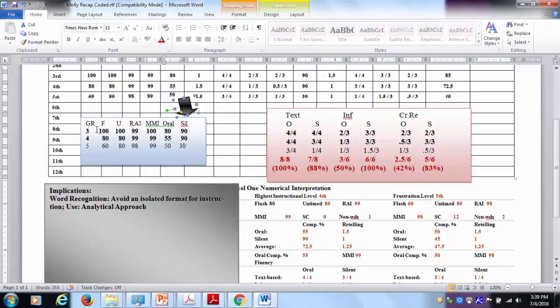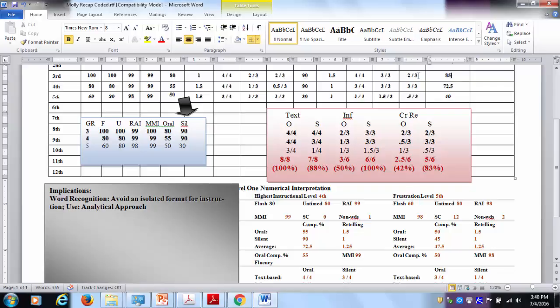So we're going to deal primarily with the levels 3 and 4. And let me point out here, I would have no difficulty treating third grade as if this were her independent level. And the reason is that she is so solid here when it comes to both text-based and critical thinking. She was able to have 5 of 6 higher level questions responded correctly.